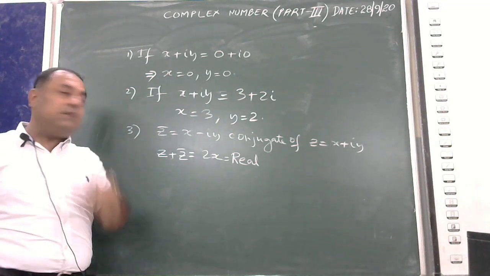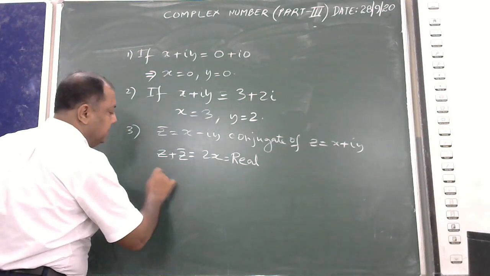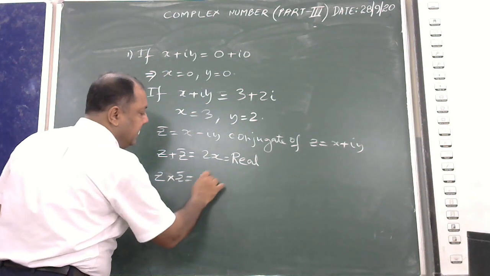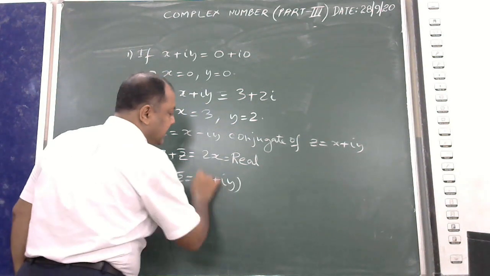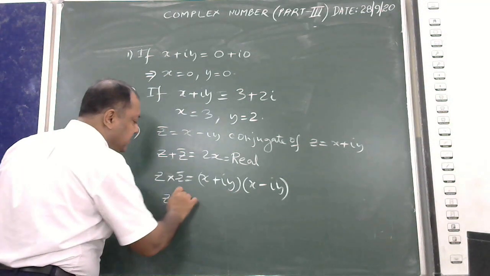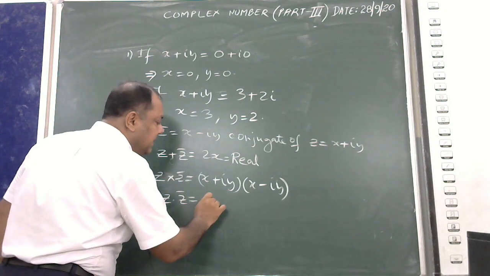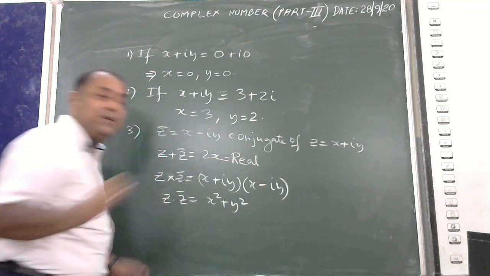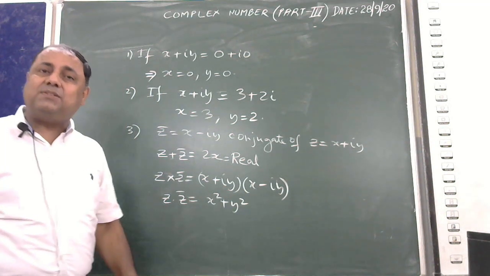And even if you multiply z into z bar, x plus iy into x minus iy, that is z into z bar is equal to x square plus y square, because i square is equal to minus 1.